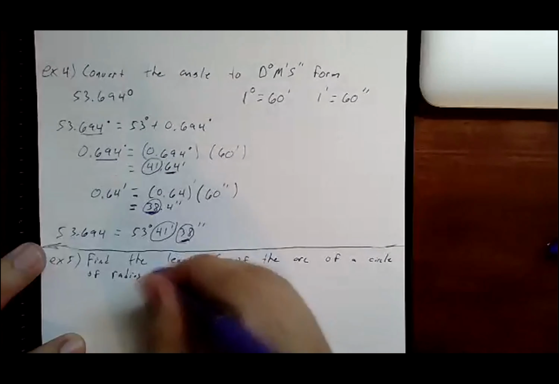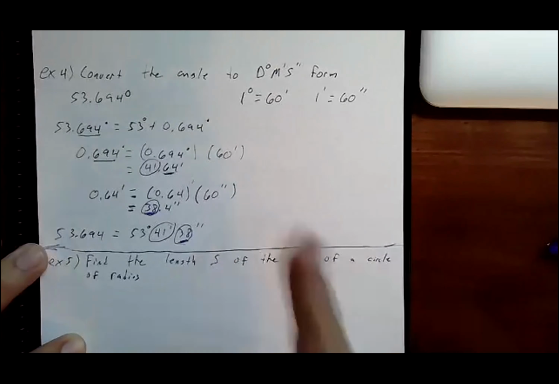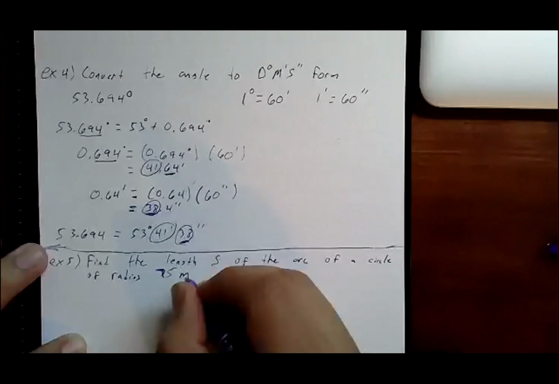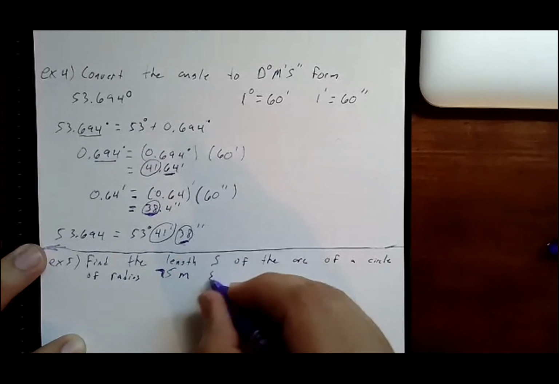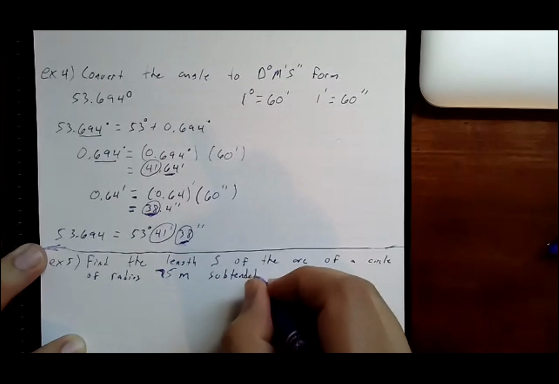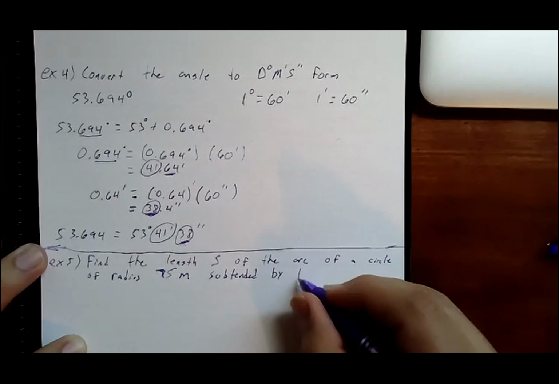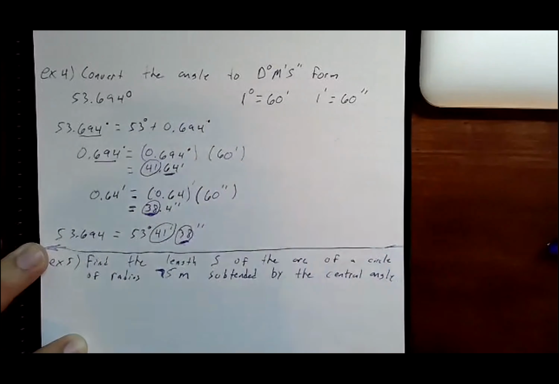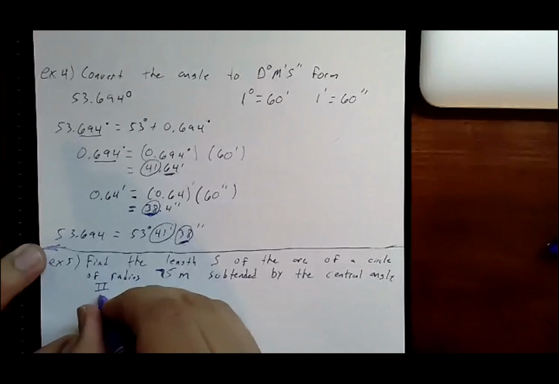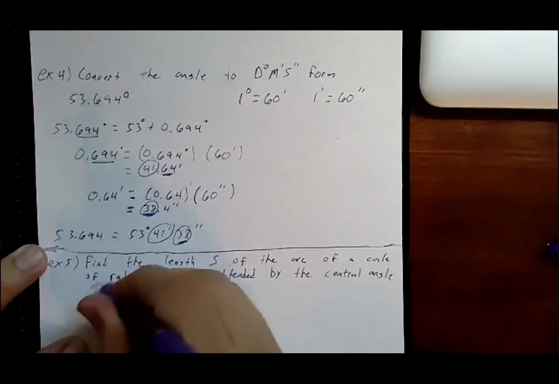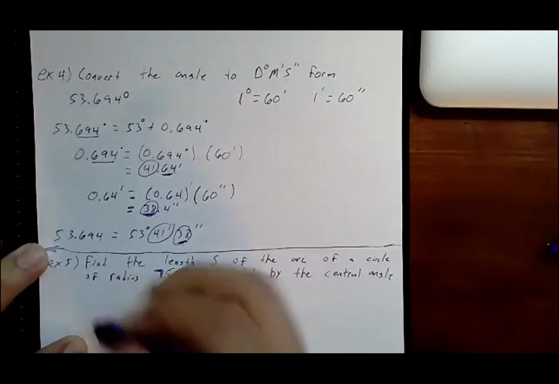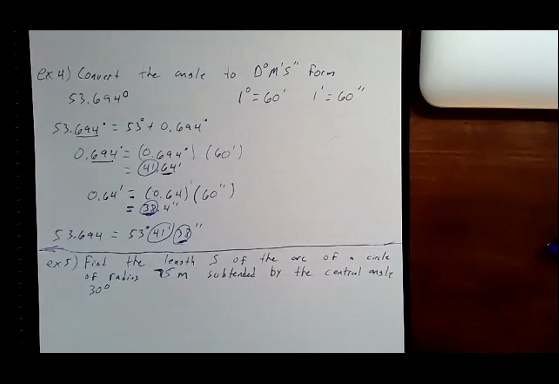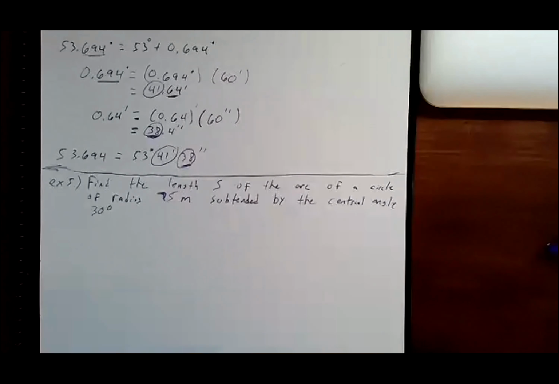No, I'm sorry, radius should be a distance. Let's say 75 meters, subtended by the central angle, let's say pi over 6. No, 30 degrees. Okay.